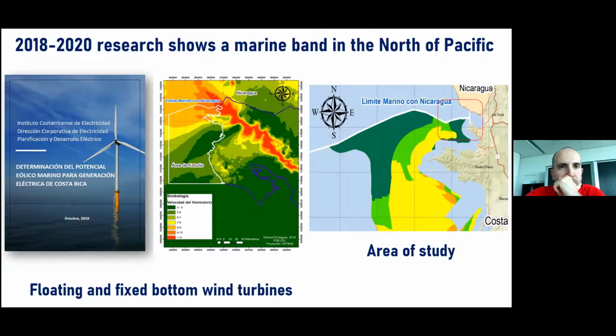In my screen, you can see some results about that. Between 2018 and 2020, we carried out some specific research in the North Pacific. The North Pacific is a characteristic zone where the wind speed is, I would say, incomparable to many sites, many places around the world.